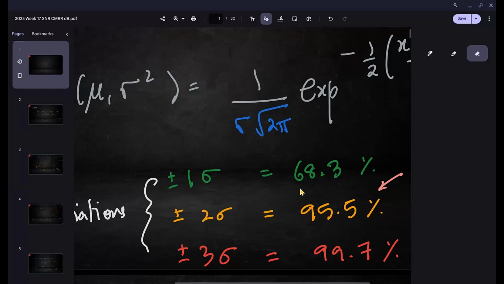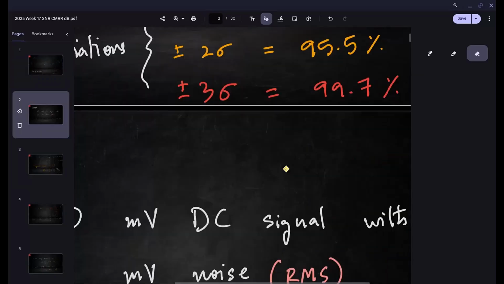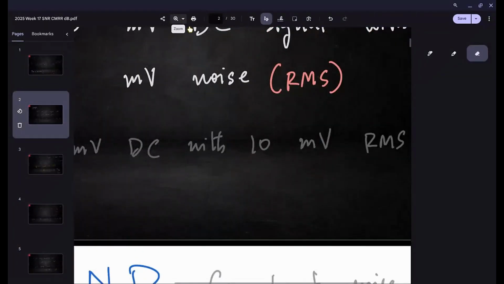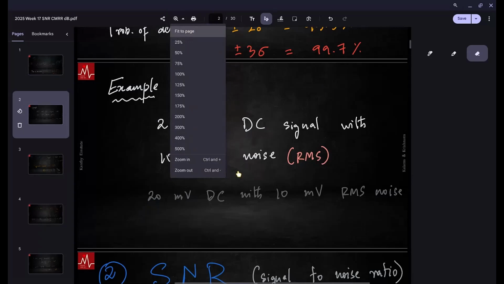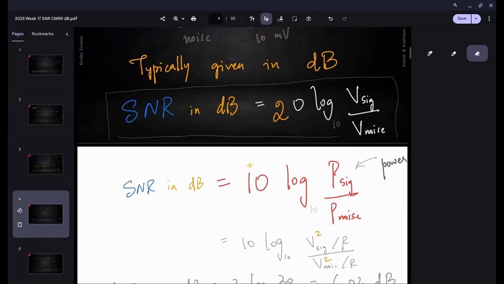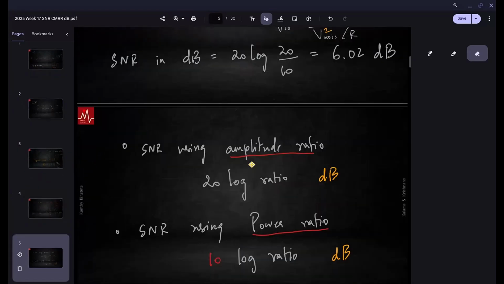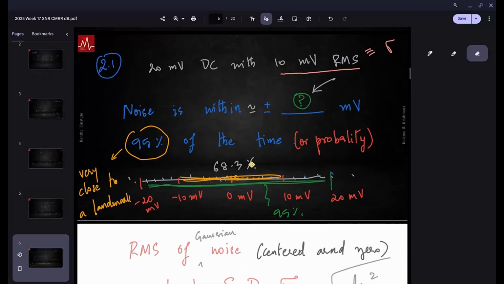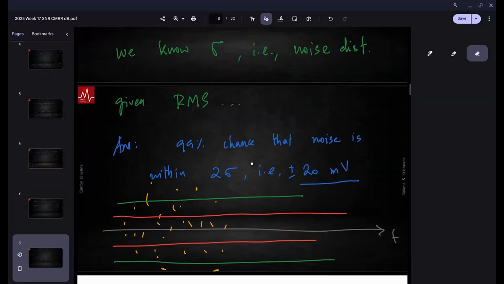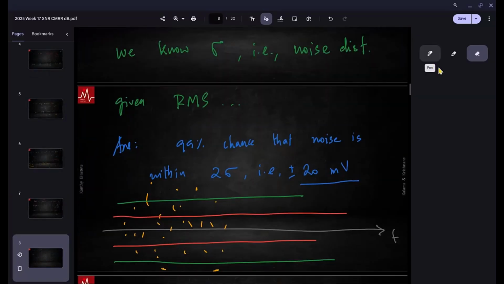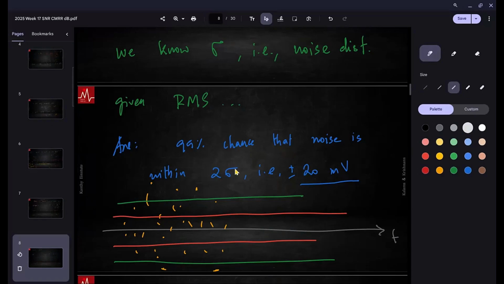Okay, so let me also go to that figure. Here I am only plotting noise. On the y-axis, I'm plotting noise. If this is electrical noise, we are plotting this in millivolts.